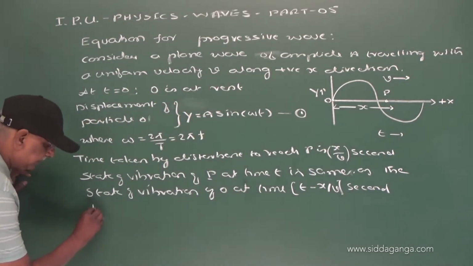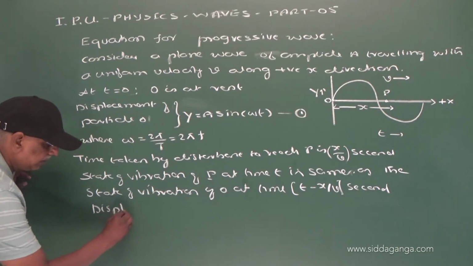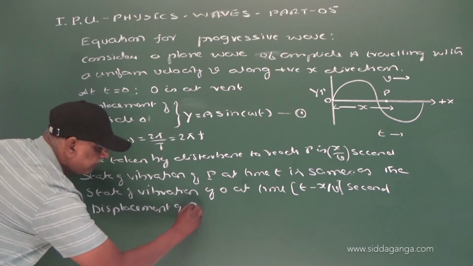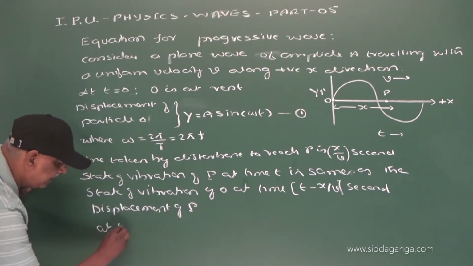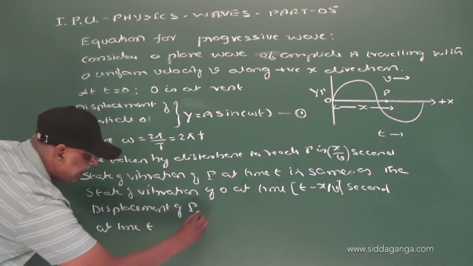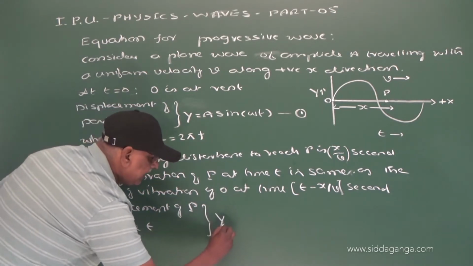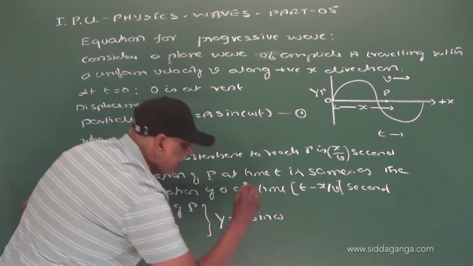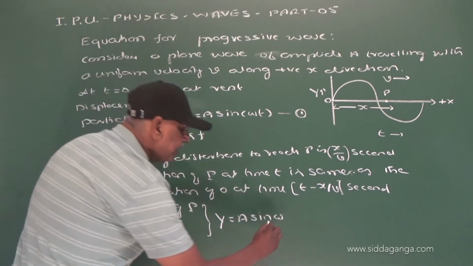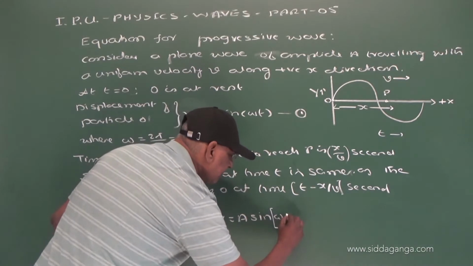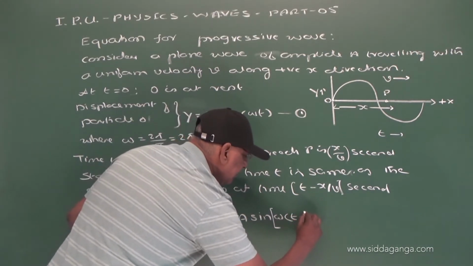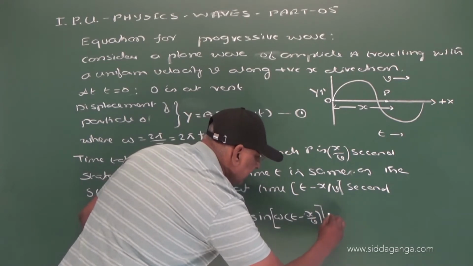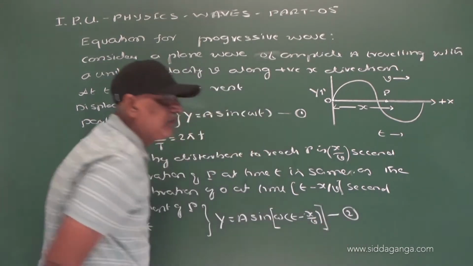Therefore, we can write displacement of P at time T, that is y is equal to A sin omega into (T minus x by V). Let us take it as equation number 2.